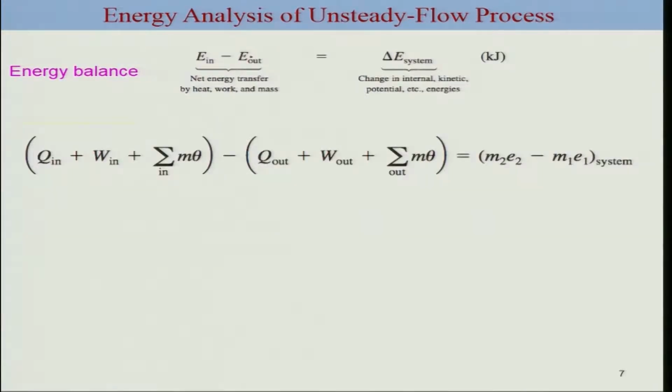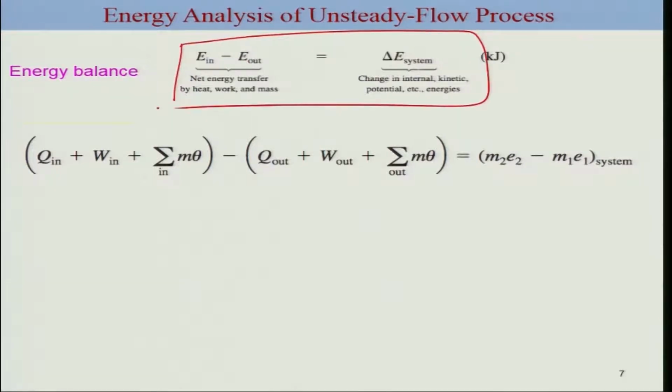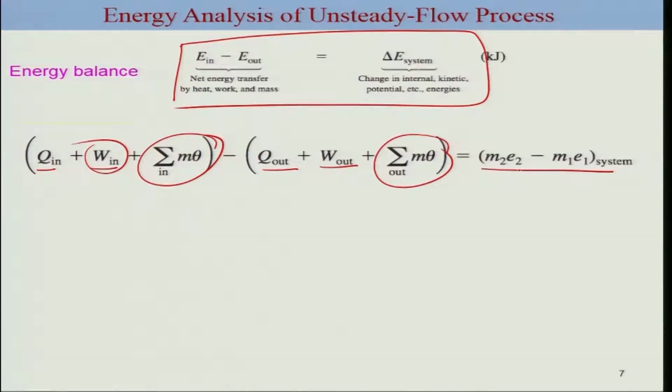So in this case we are going to consider Q_in plus W_in, any work interaction at the inlet condition or heat transfer to the control volume, and the work done on the system, plus the energy of the flowing fluid at the inlet condition, minus Q_out plus W_out plus the energy of the flowing fluid. This should be equal to the change in the energy of the system, which includes your internal energy, potential energy and other energies.